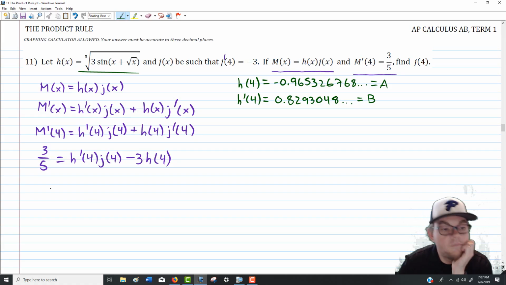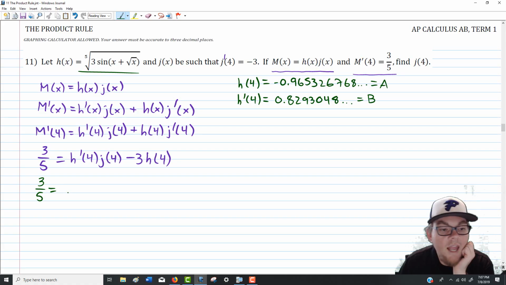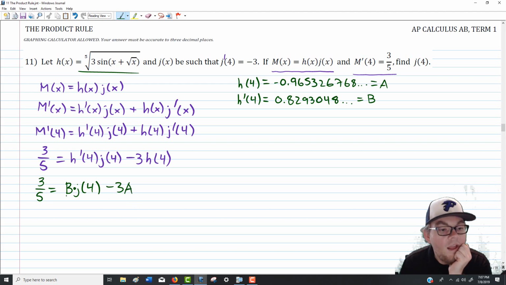Now my job is to finish this off. So in looking over here with our new values, we have 3/5 is equal to h prime of 4, which we called b, times j of 4, which we don't know. So we've got to multiply those two by one another. Then we've got minus 3 times h of 4, which we're going to call a. And now we just need to solve for j of 4.